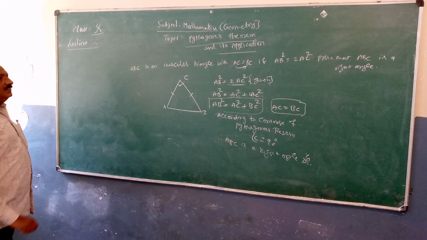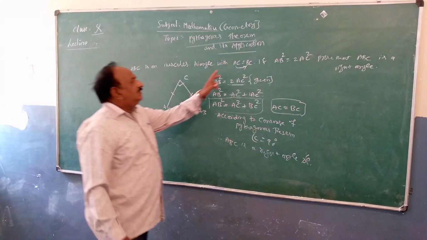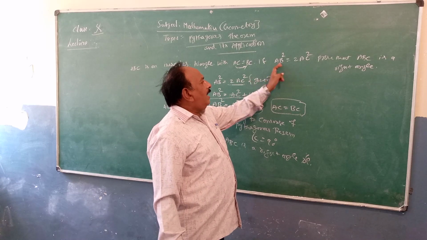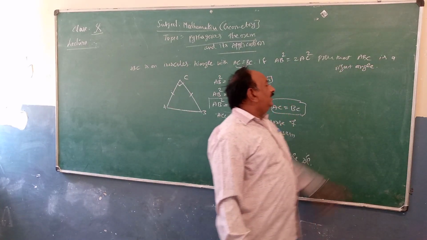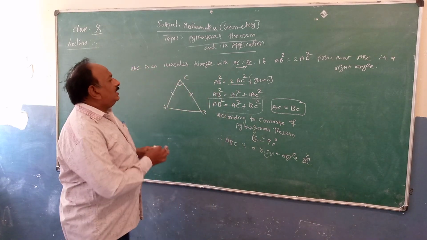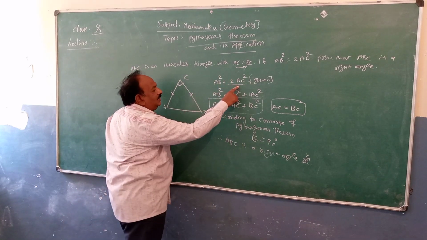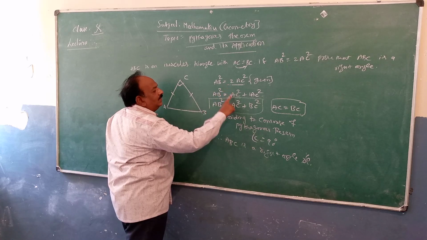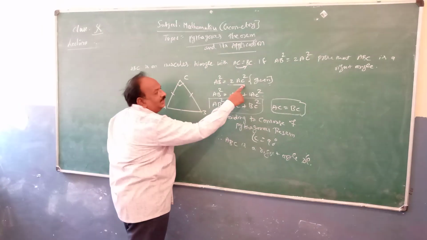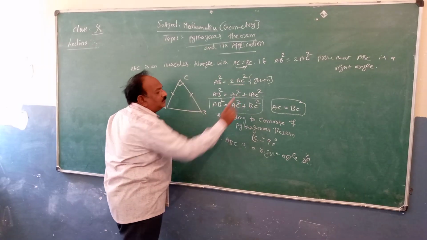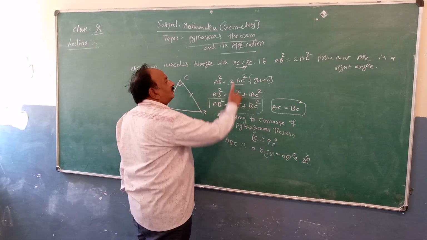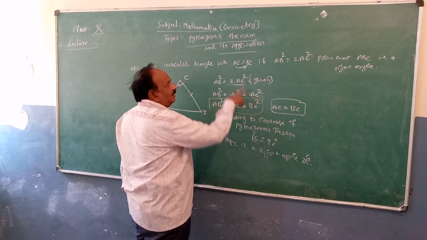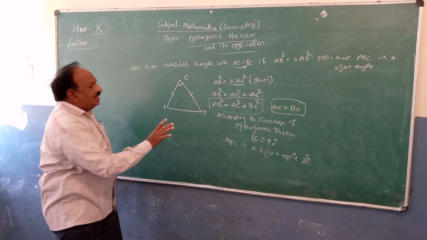ABC is an isosceles triangle, AC is equal to BC. Given AB square is equal to 2AC square, prove that ABC is a right angle triangle. 2AC square can be written as 1AC square plus 1AC square. What is AC? BC, because it is an isosceles triangle.